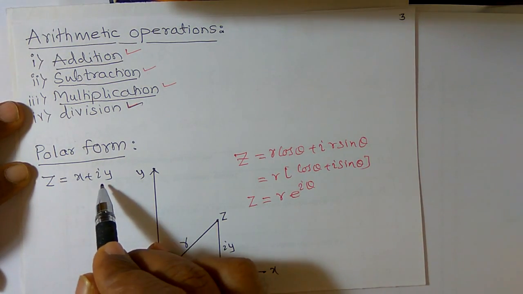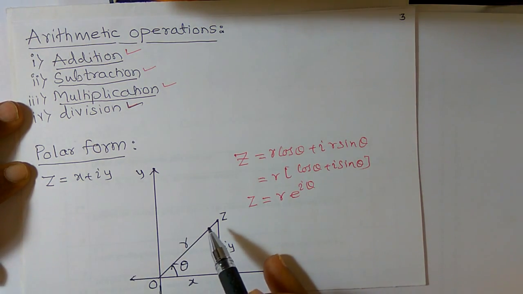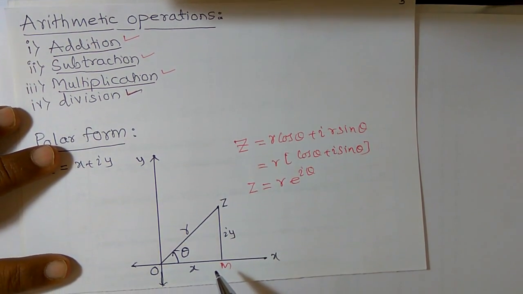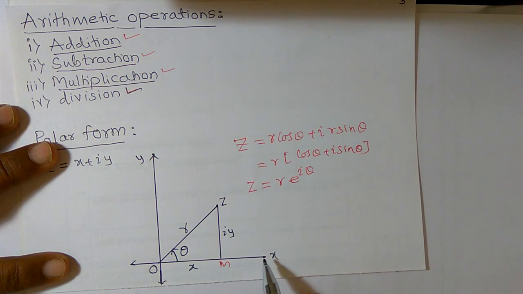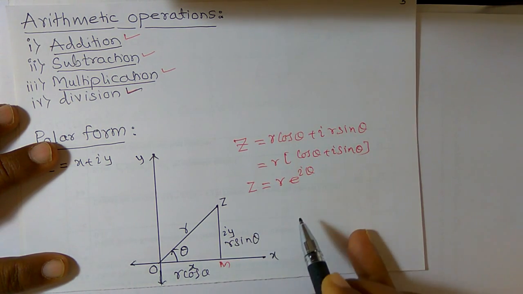z equal to x plus iy is a complex number, the Cartesian form of the complex number. You can draw the Argand diagram like this. Is it clear? Here O to M, and OZ is equal to r, right? And this can be written as x, iy, or sometimes we write it as r cos theta or r sin theta.